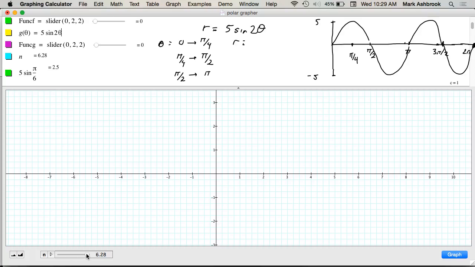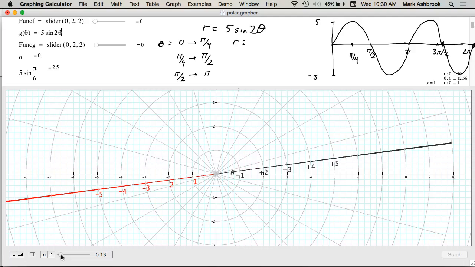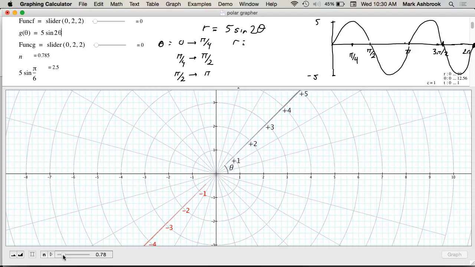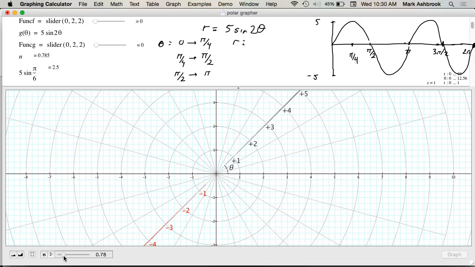As we go from 0 to pi over 4, r does what? It's going to go from 0 out to 5. Can you imagine what that will be like? And then from pi over 4 to pi over 2, r goes back to 0.